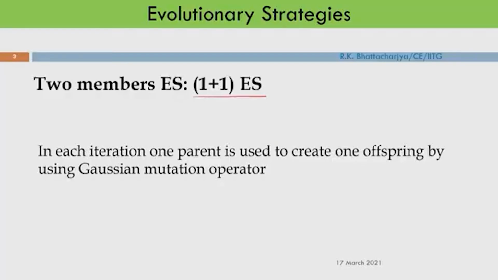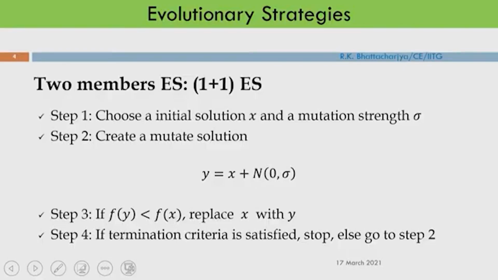In each iteration, one parent is used to create one offspring by using a Gaussian mutation operator. So, in 1 plus 1, one parent creates one offspring using the Gaussian mutation operator. Okay. So, let us see.